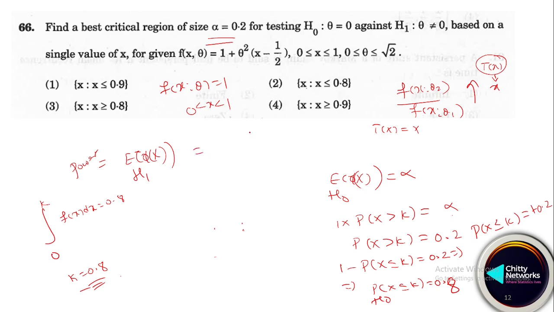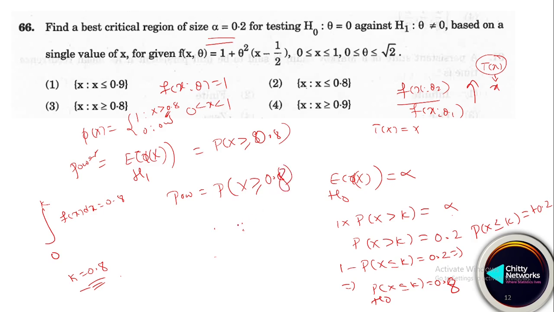So what is pi of x? Pi of x is 1 if T of x, which is x here, is greater than k, which is 0.8, and 0 otherwise. So expectation of this is 1 into probability of x greater than or equal to 0.8. You can include the equality here or there, since it is a continuous distribution. So power of the test is probability of x greater than or equal to 0.8.